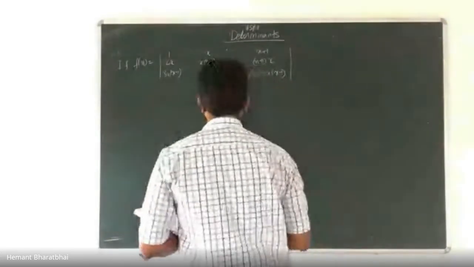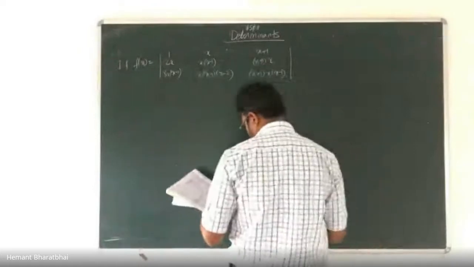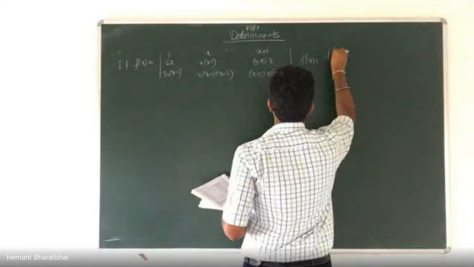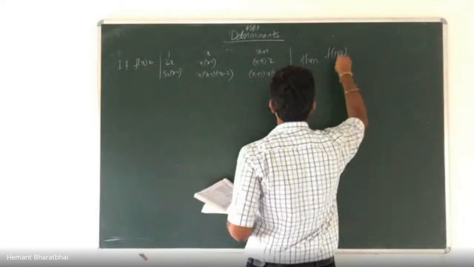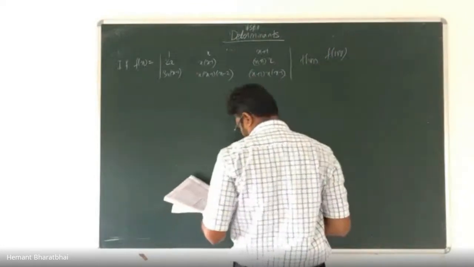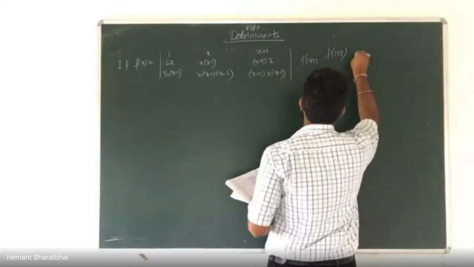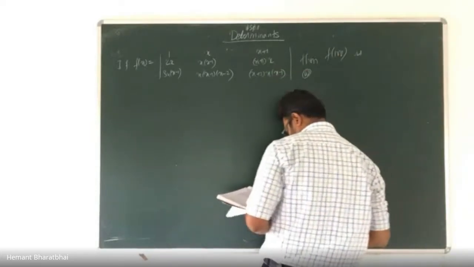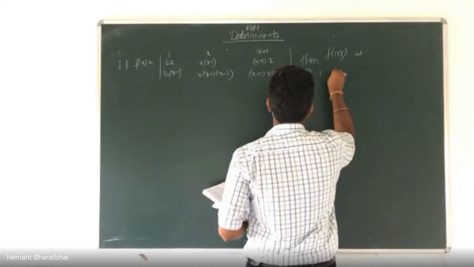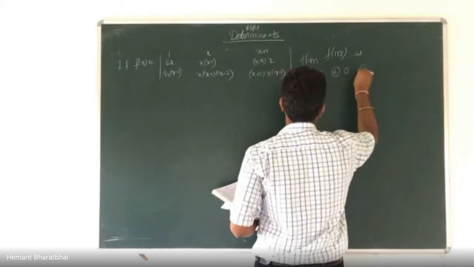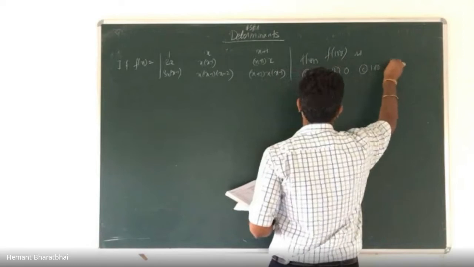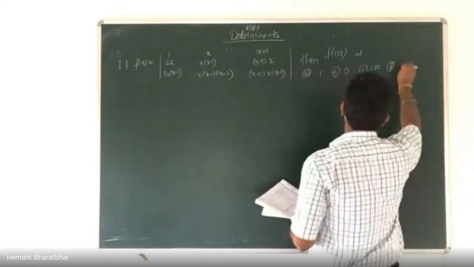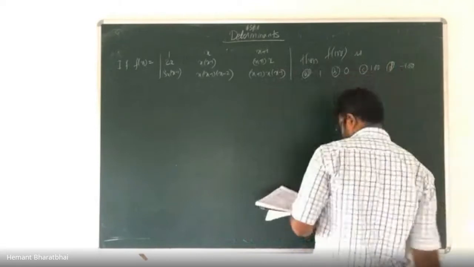If f of x is equal to the determinant of this, then the value of f of 100 is: option number A 1, option number B 0, option number C 100, and option number D minus 100.